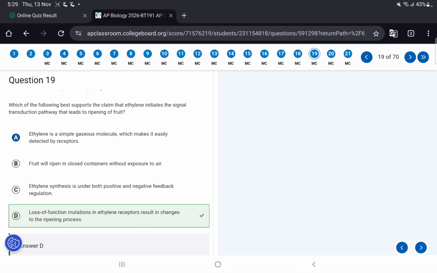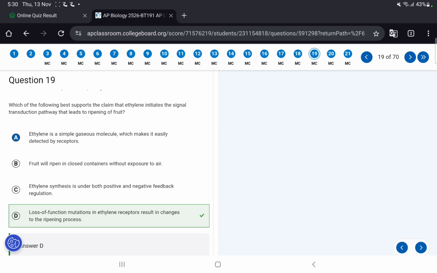Because ethylene lost its function, this resulted in a change to the ripening process. So now the ripening process changed. What does that mean? That means that ethylene was the mastermind behind the ripening process. It was what was responsible for it. So when we lost the function of ethylene, we then changed the ripening process. Something changed in the ripening process.